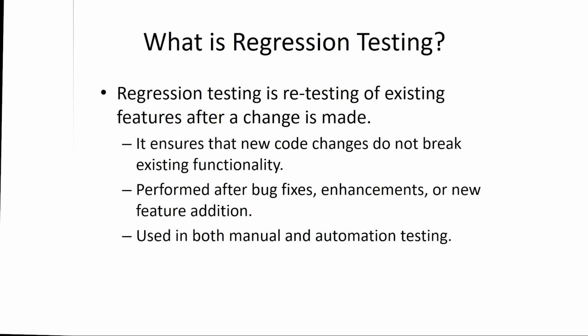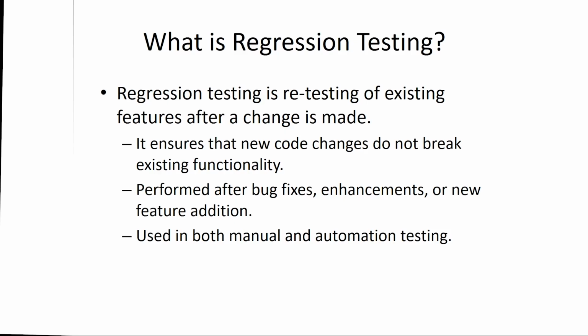What is regression testing? Regression testing is a type of testing performed to make sure that new changes like bug fixes, updates, or new features have not broken any existing functionality. Whenever the code changes, there is a risk that something else stopped working.